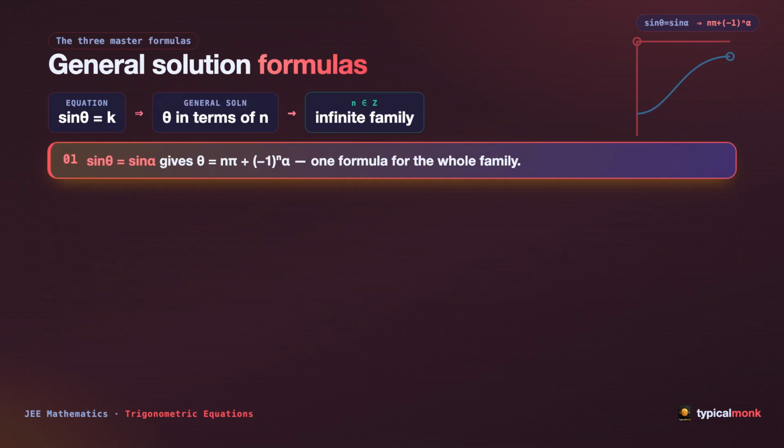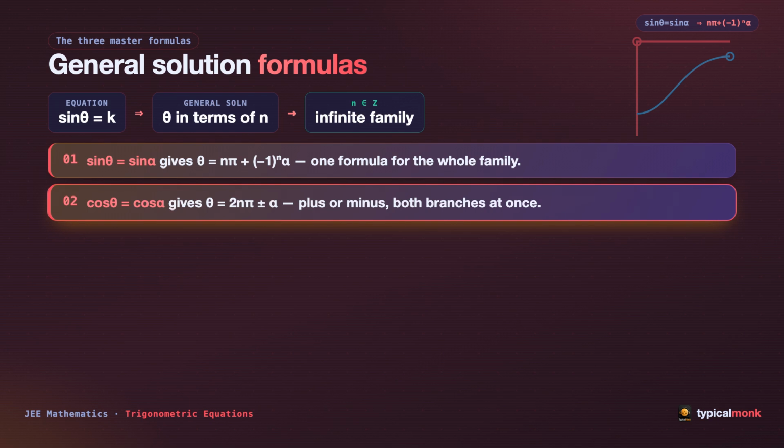Now let us collect the three formulas that solve every trig equation you will ever meet. First, when sine theta equals sine alpha, the general solution is theta equals n pi plus minus 1 raised to the power n times alpha, one line for the whole family. Second, when cosine theta equals cosine alpha, the general solution is theta equals 2n pi plus or minus alpha, both branches captured together.